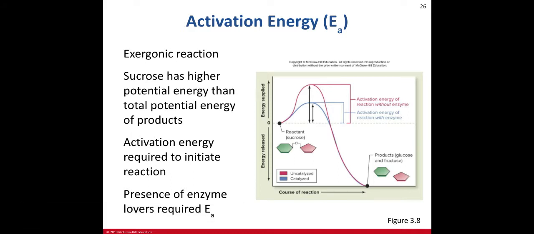We have to roll that little ball up that hill in order for our reaction to happen. If we add an enzyme to this reaction, then we lower that activation energy, and it's not as much work to move that little ball up the hill before we get to our products. That is the point of an enzyme.